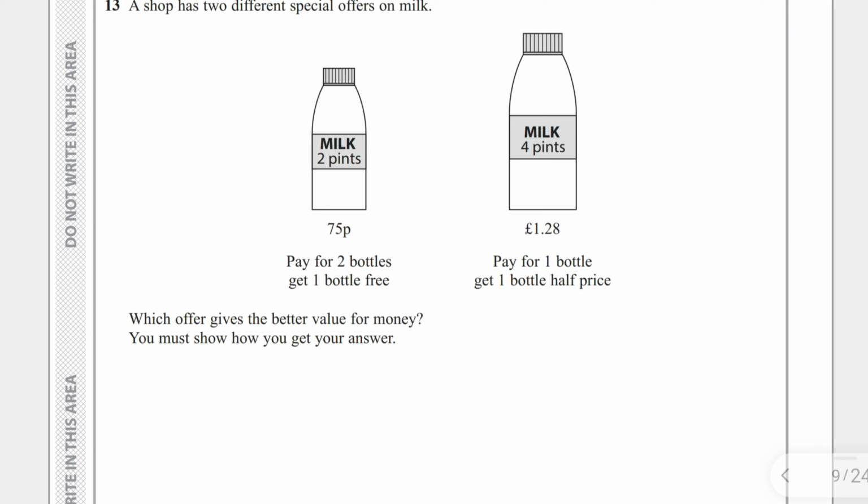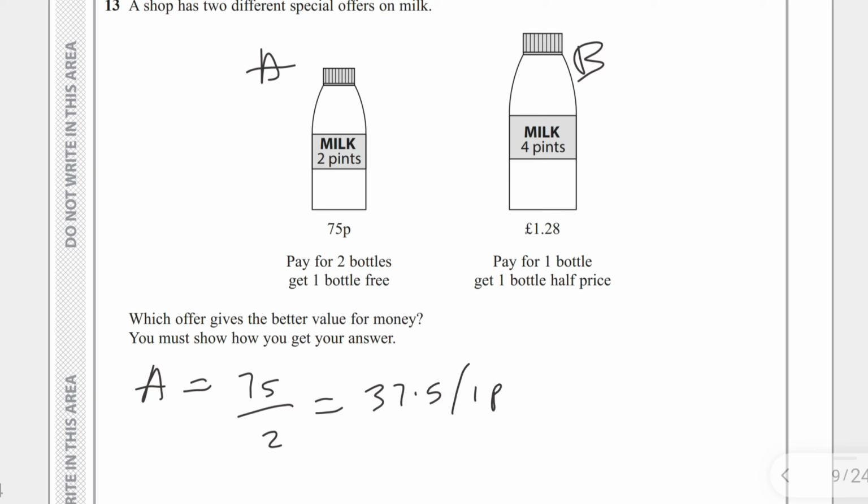So one milk sells 2 pints for 75 pence. Let me call this A, and let me call this B. For A, the unit price is going to be 75 pence divided by 2, which is 37.5 per pint.